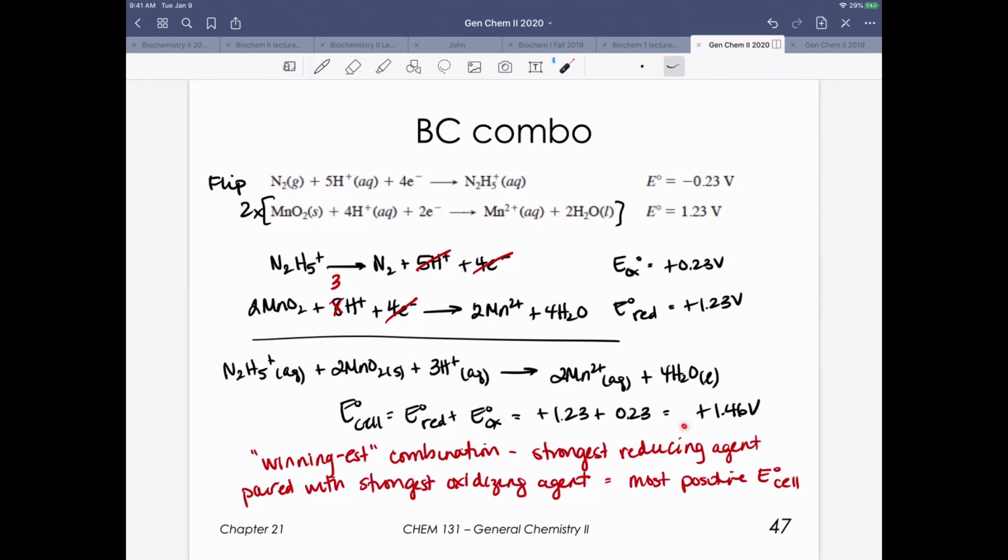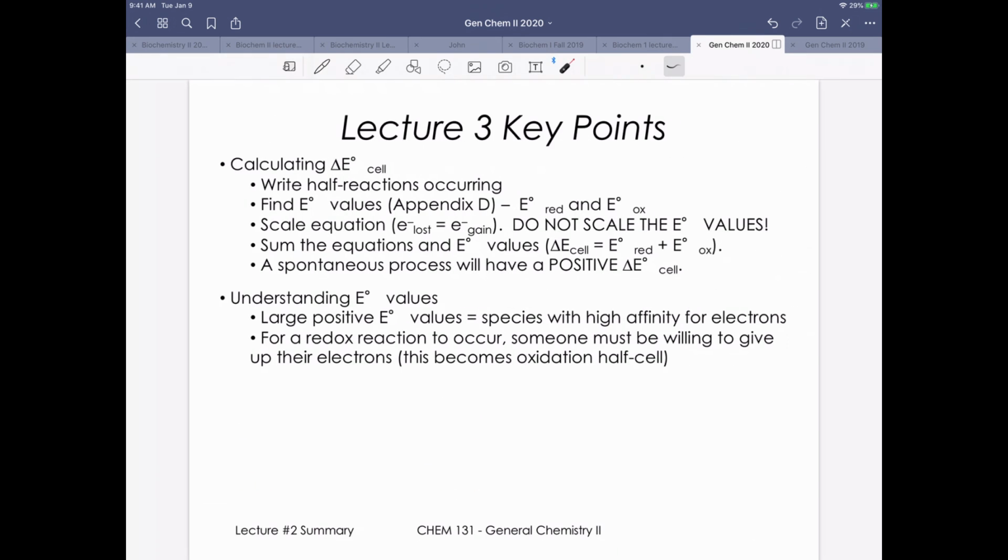All right, so we've built on skills from lecture 1 with balancing redox equations, lecture 2 with thinking about voltaic cells, and now putting a quantitative piece to it. So again, calculating E cell. Here are some steps to go through to calculate E cell.